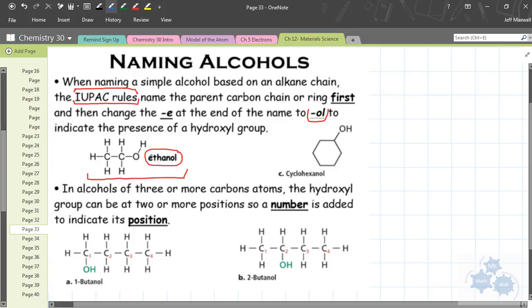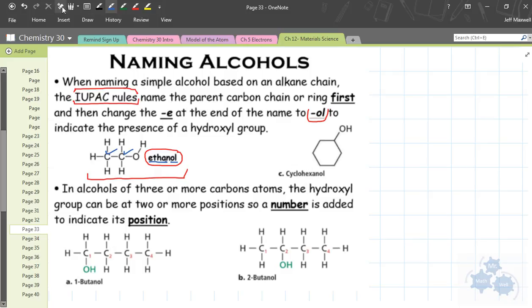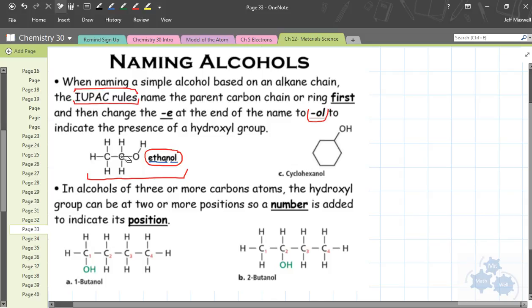Now that you know about these rules and about how we name things, you can see that "eth" means two carbons, 1, 2. Ethane, that's the "an", the A is single bonds there. And the OL means there's an alcohol group that has replaced one of the hydrogens. So you put this all together, here's the structure, and there's the name.